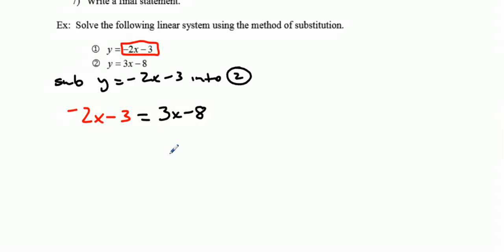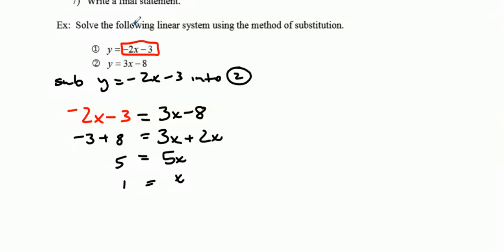And now you can see I have one equation with only one unknown. So I can isolate and solve for that one unknown. So when I move the 2x over to this side, and I move the 8 over, I'm going to get 5x equals 5, and then x equals 5 divided by 5, which is 1.